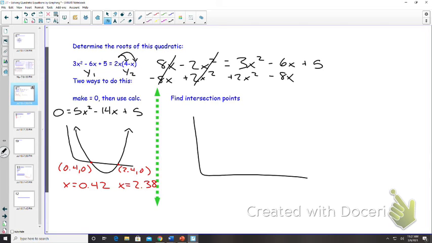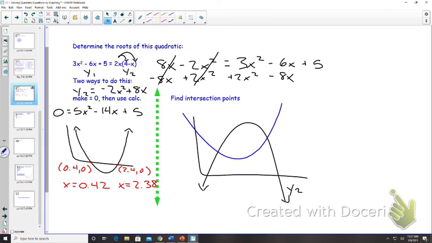Negative 2x squared plus 8x is y2. So y2 is a sad parabola. It's going to go something like that. This is y2, and let's let y1 be blue. It looks something like that.